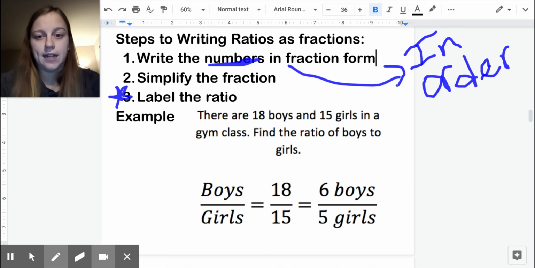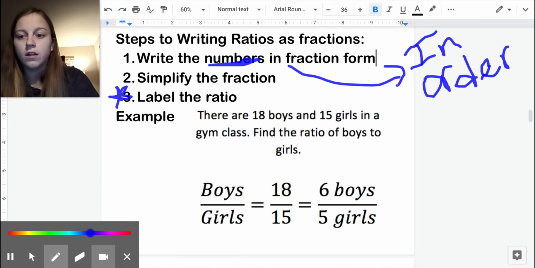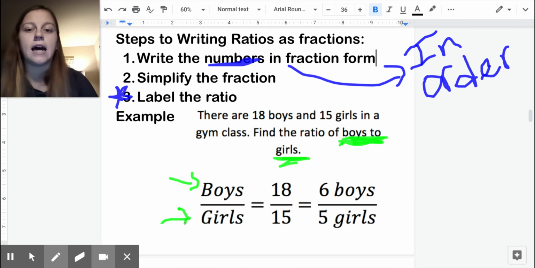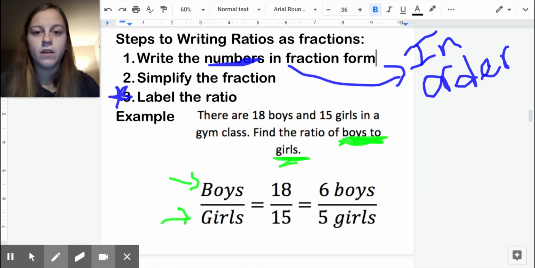So here's our first example. There are 18 boys and 15 girls in a gym class. Find the ratio, here it says, of boys to girls. Again, boys to girls. So boys is my numerator, girls is my denominator. Finding the ratio of boys to girls in a gym class.